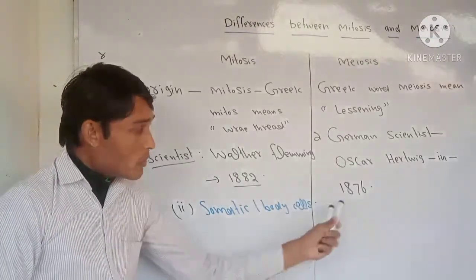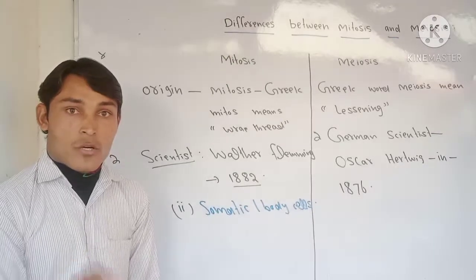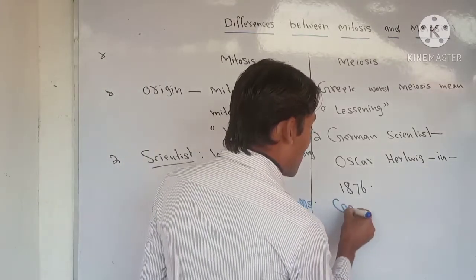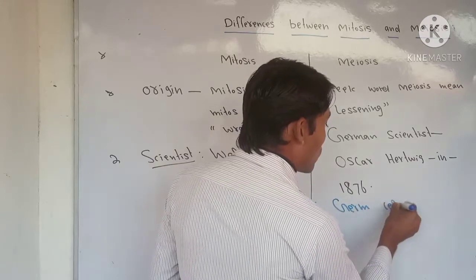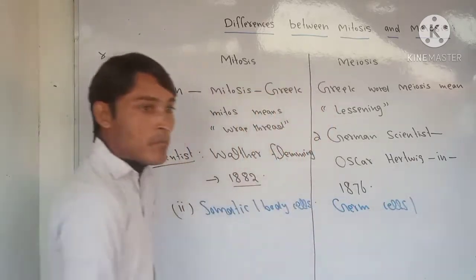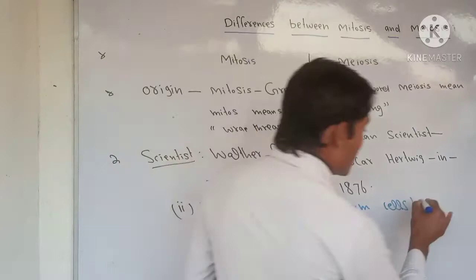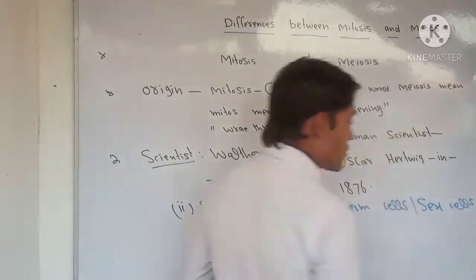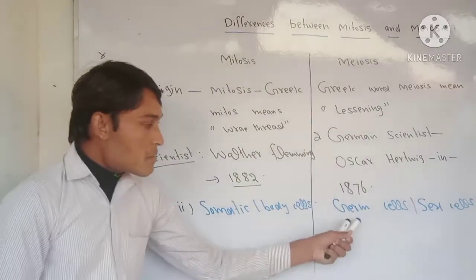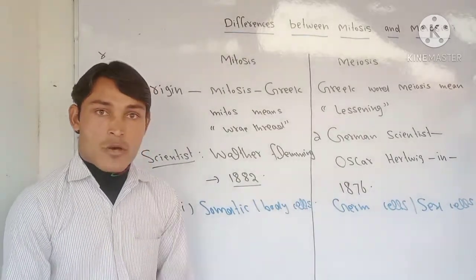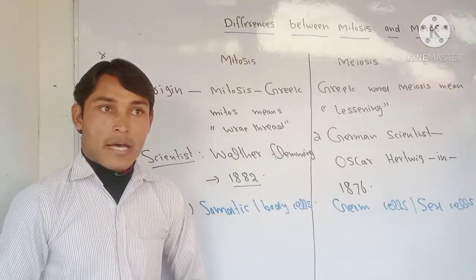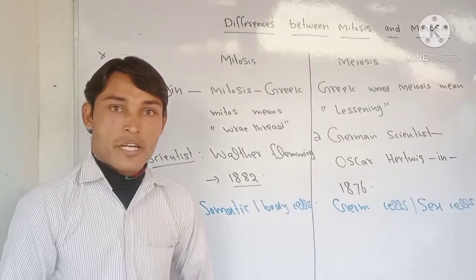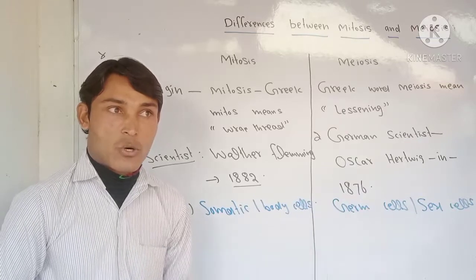Now, meiosis occurs in which kind of cells? That is called germ cells, also called sex cells. What are germ cells? In humans and others we have gonads, which are divided into testes and ovaries.